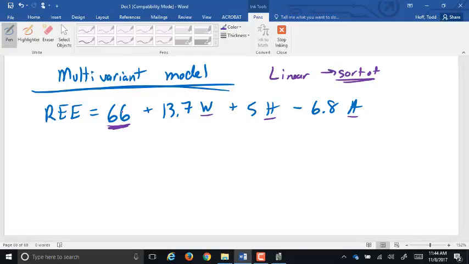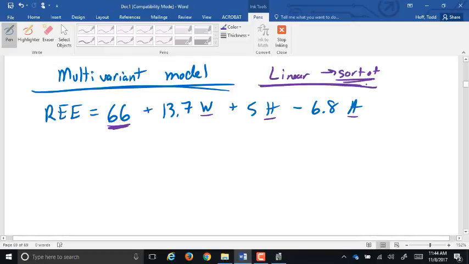If they weigh nothing, have no height, and have no age, that would be what we would estimate their calorie expenditure at, which of course is not a very reasonable number. But what I'm saying is it's sort of linear: if we assume that the height and the age don't change, then this becomes a linear equation in terms of the weight.